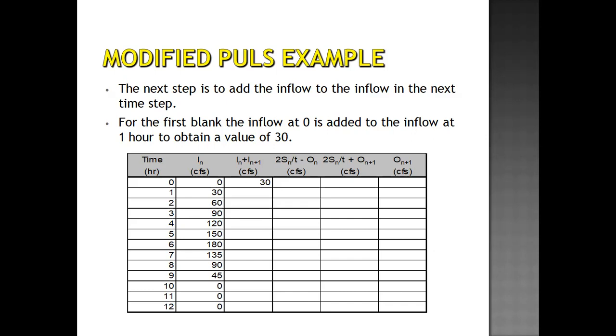Time 0 to 12 hours, I in CFS: 0, 30, 60, 90, 120, 150, 180, and 7th hour 135, 8th hour 90, 9th hour 45, and 10, 11, 12 are 0. I_n + I_n+1 in CFS begins with 30, then the columns 2S_n/Δt − O_n and 2S_n+1/Δt + O_n+1, and O_n+1 in CFS.